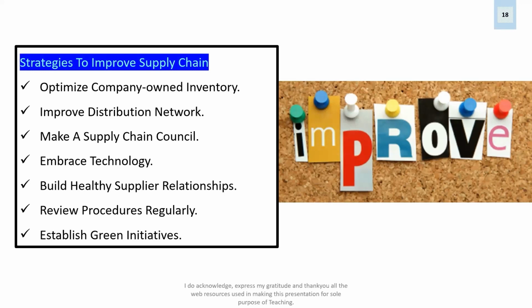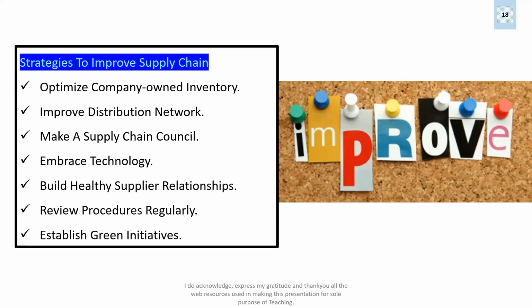It does not mean that you reduce your inventory or optimize your inventory, but you load your suppliers to build an inventory for you. No, that's not the way. By improving the distribution network, you are not going to load either your supplier or your distributors in the network to maintain more inventories.